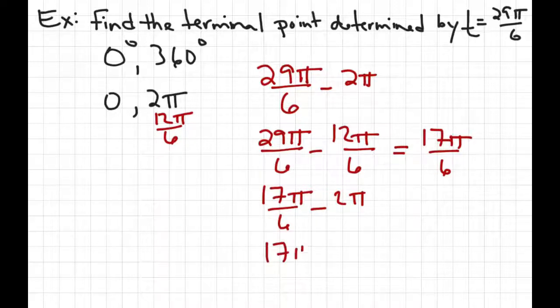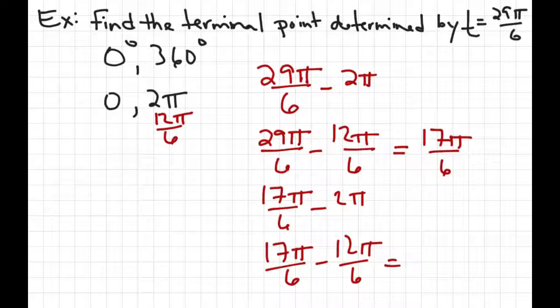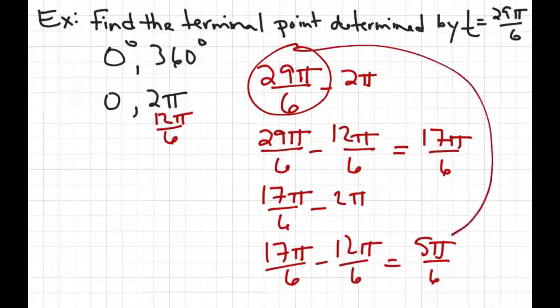So 17 pi over 6 minus 12 pi over 6 is 5 pi over 6. So it turns out that 29 pi over 6 and 5 pi over 6 are coterminal angles. That means that they're going to have the same answer. So I can actually just find the answer to 5 pi over 6, and that'll be my answer for 29 pi over 6.